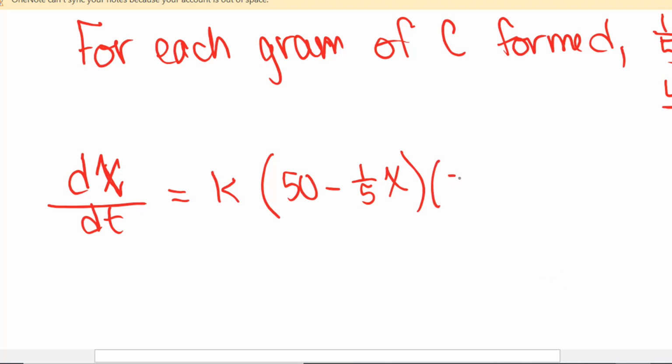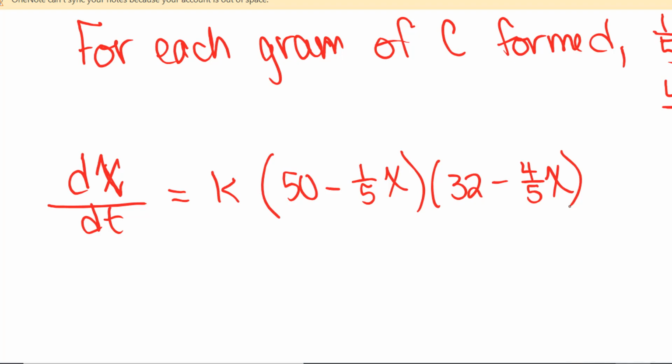And then B, we started out with 32, but we're losing 4/5 for every gram of C formed. We really don't want to deal with fractions when we're doing the integration and partial fractions.